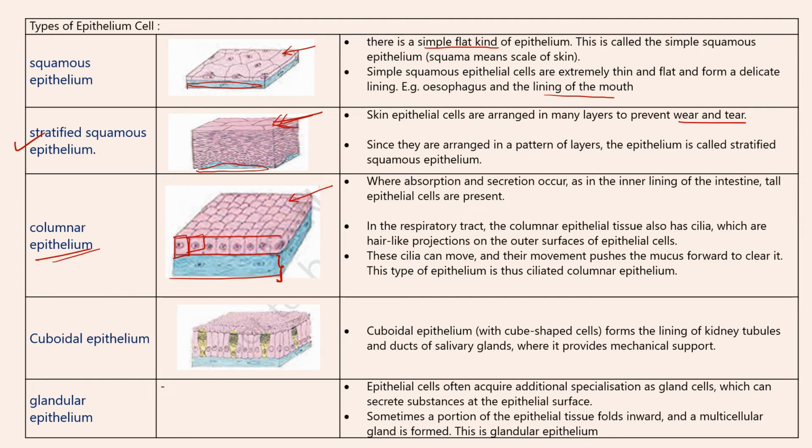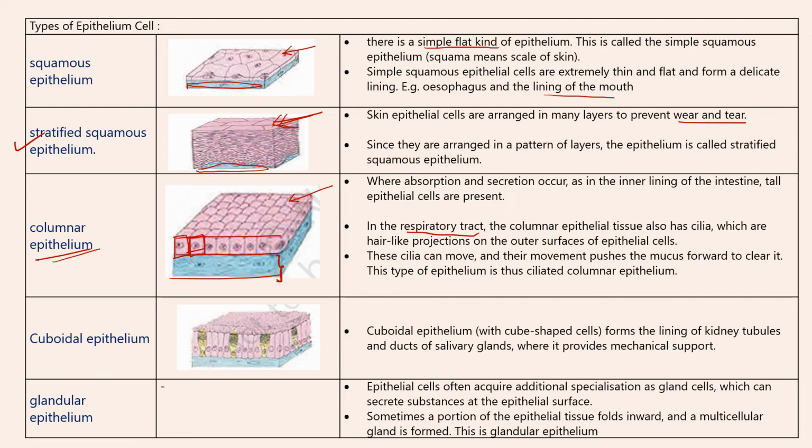Now the columnar epithelial shape is like a column, and their function is to absorb material. So in the intestine, tall epithelial cells are present where they absorb the material. Whereas in the respiratory tract, the epithelial cells have cilia-like material which helps them move the mucus forward and clear it.